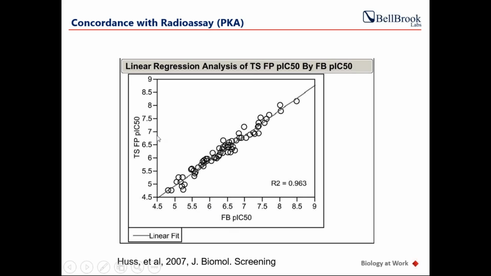That's a radio assay, and then the Transcreener data is on the x-axis. And these are IC50 values with protein kinase A, and you can see that there's very good concordance between the Transcreener assay and the gold standard radio assay. A number of companies have since done these kinds of experiments as part of their internal validation for the assay, and this is typically what is observed. So the potencies that you measure with the assay are accurate.